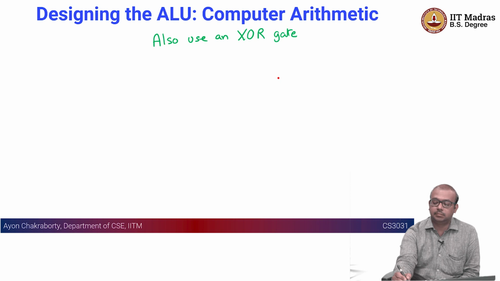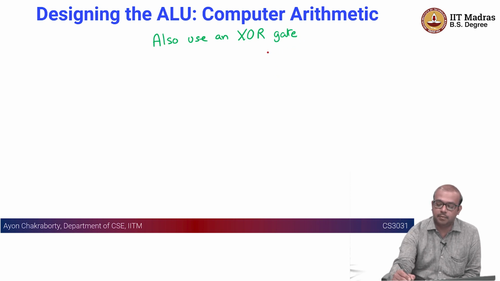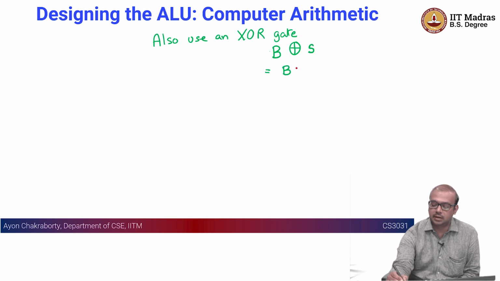One of the operands that we want to manipulate is B, so let's say I want to XOR B with the select line, which is S. What is this expression? This expression is equal to B S complement plus B complement S, which is the XOR function.